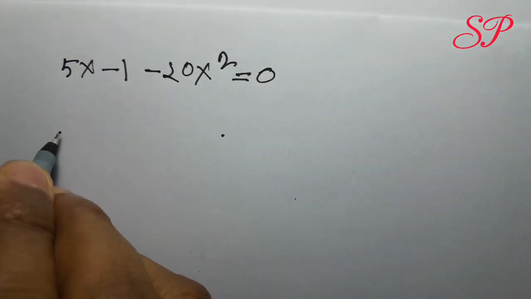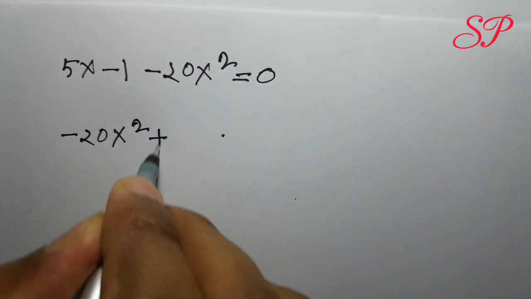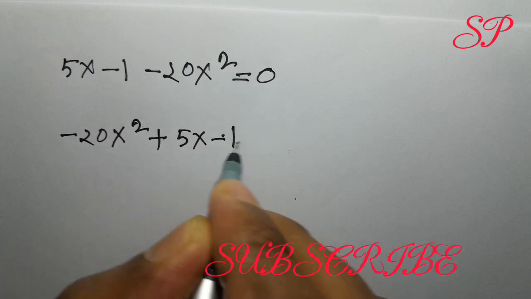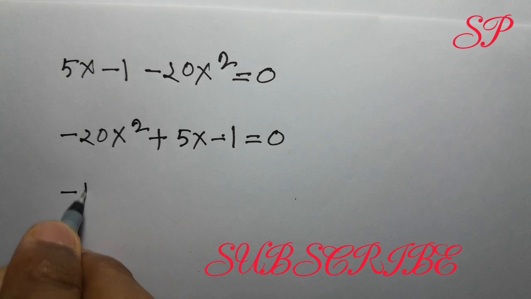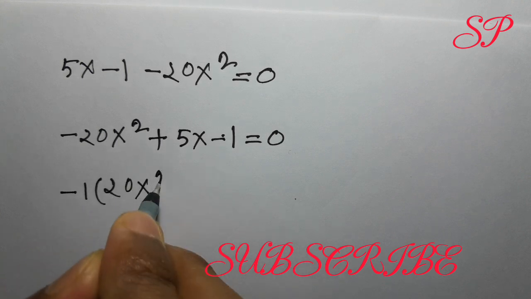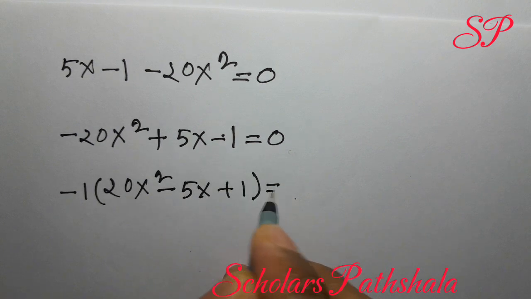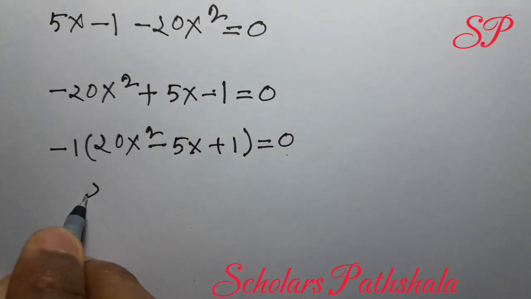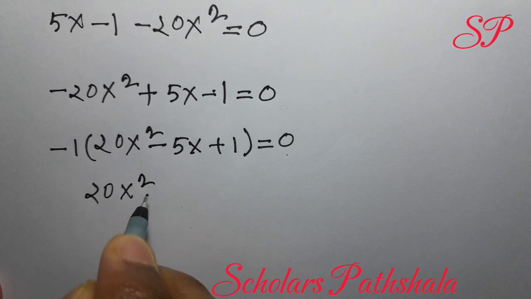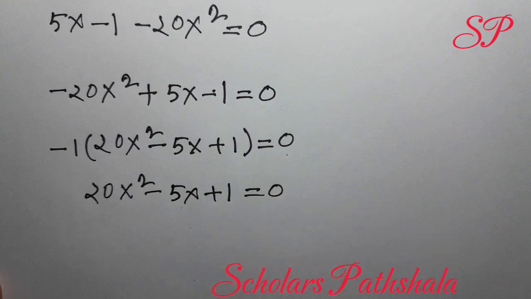We rearrange this: minus 20x square plus 5x minus 1 is equal to 0. Then we take minus 1 common: 20x square minus 5x plus 1 is equal to 0.